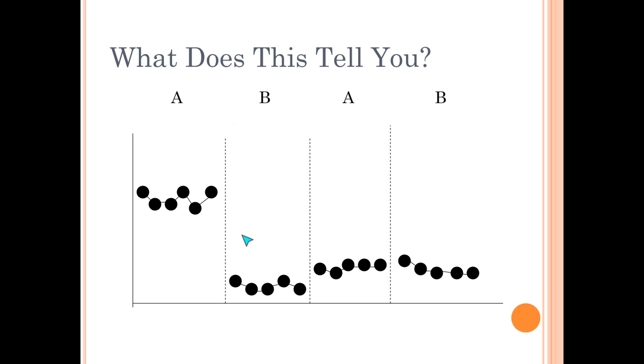Then you're doing a treatment, and you can see that this high frequency behavior goes down to relatively low levels. And now you want to apply this ABAB strategy, and you're trying to go back to initial baseline levels, but it doesn't really seem to work. You cannot reverse that initial effect.